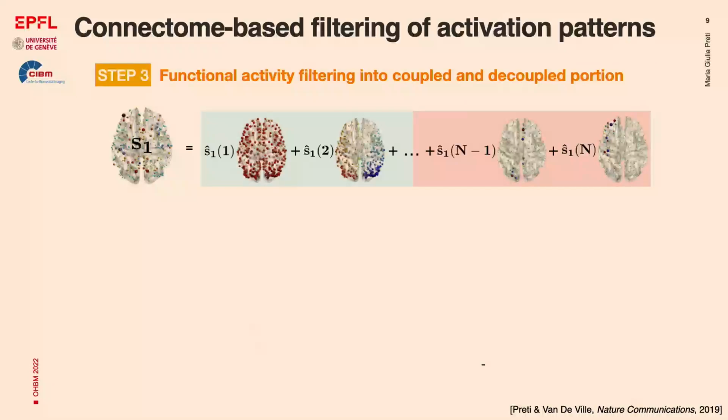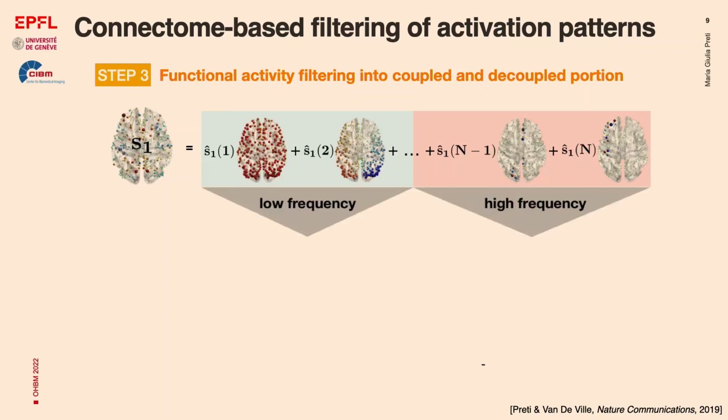Then what we want to do is, in the spectral domain of the graph, filter these signals. So we want to decompose our functional activity signal S1 here into two portions, one that only includes the low frequencies and one that only includes the high frequencies. So we basically apply simply ideal high-pass and low-pass filters with a certain cutoff.